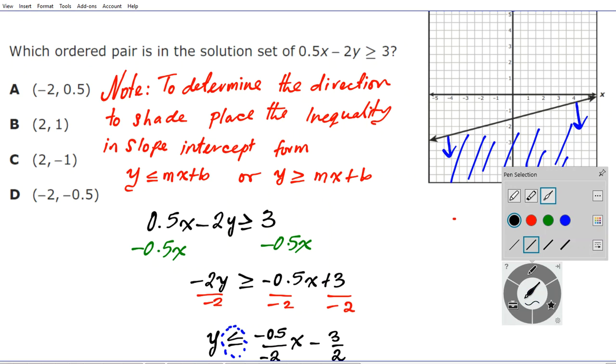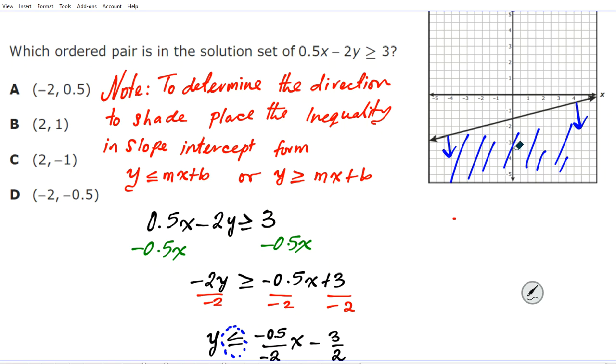Alright, let's start graphing our points. Let's start with point A, negative 2 and 0.5. So negative 2, and 0.5 is right here. That's point A. Point A is no good because it's not on the line or beneath the line. It doesn't satisfy the solution region.